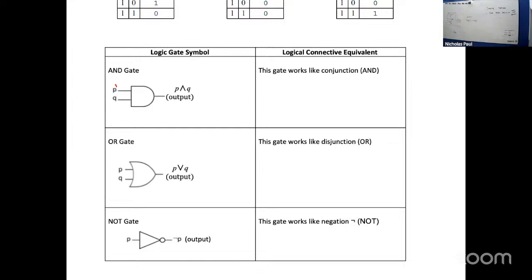If I give you two inputs, P and Q, it can be written as P and Q. So if I ask you to represent an AND gate using Boolean algebra, it will be P and Q. The OR gate will be P or Q. We know them as conjunction and disjunction.